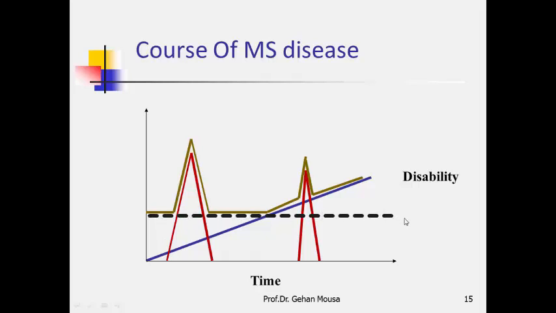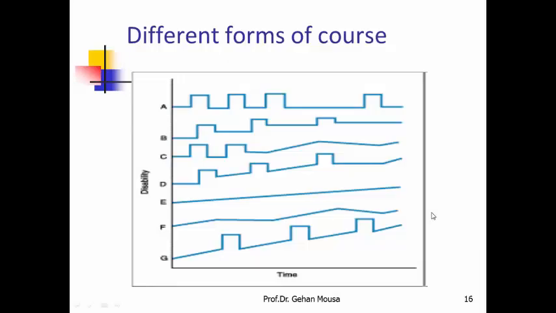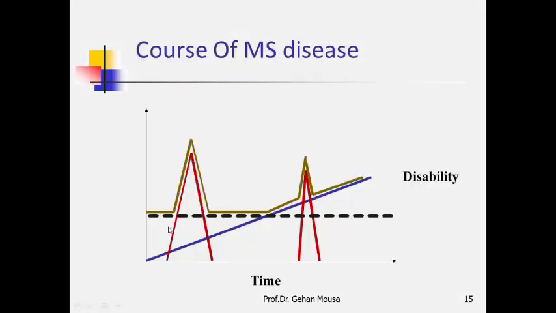What is the meaning of this plateau? The attack results in specific symptoms and signs, and these signs neither progress nor regress. They stay as they are. The third course is represented by a red line.